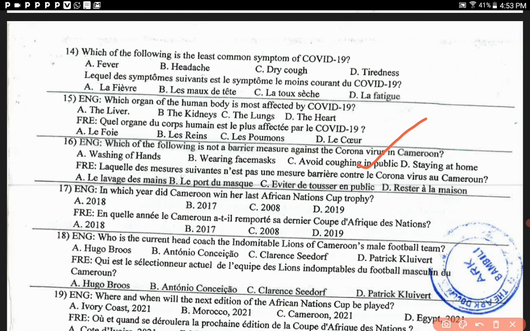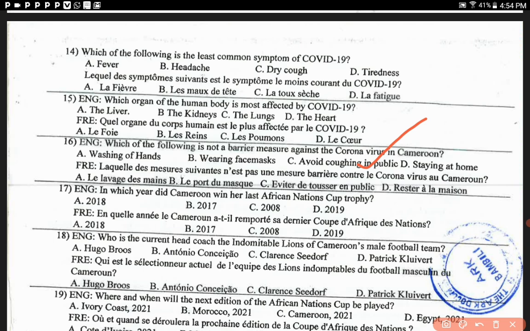Cameroon's most recent African Cup of Nations championship was won in 2017, where they beat Egypt in the final of the 2017 tournament. That victory is the last AFCON trophy that Cameroon has claimed to date.